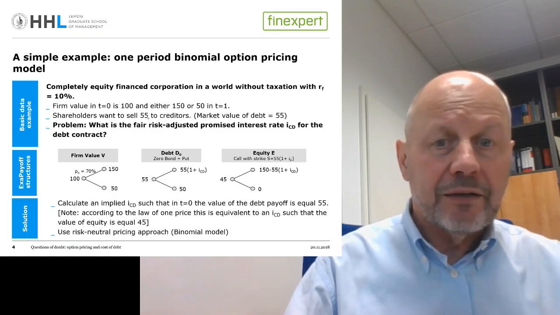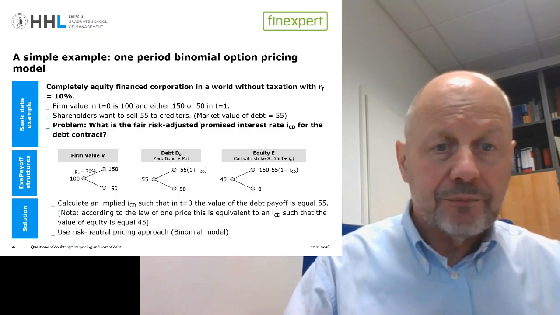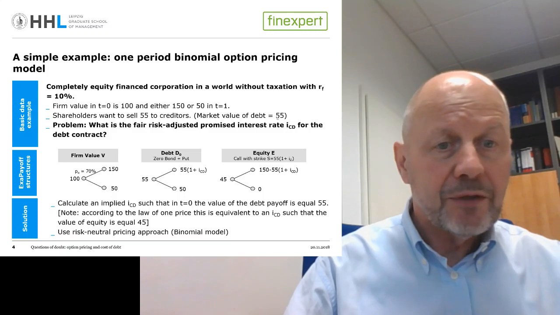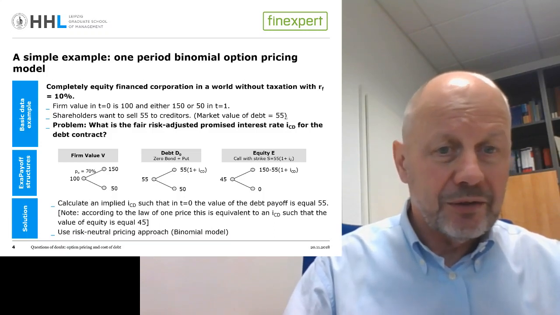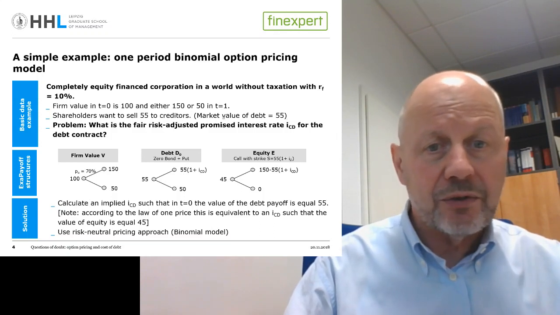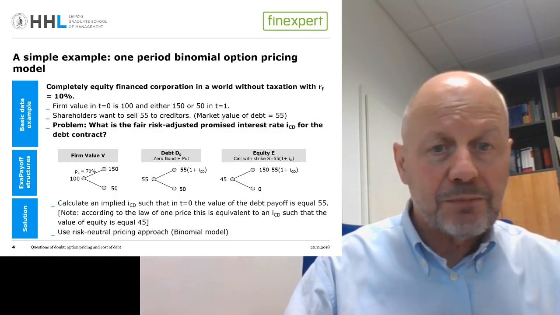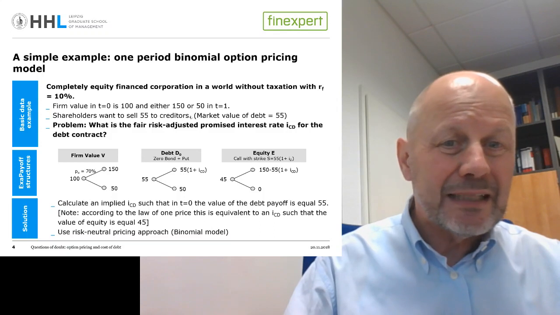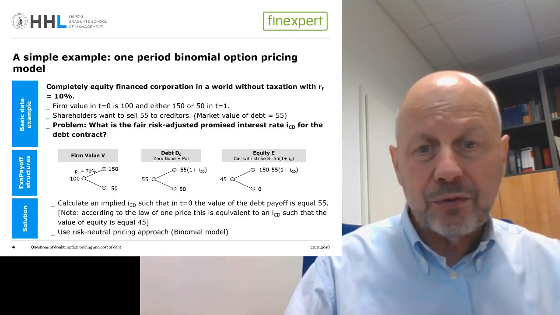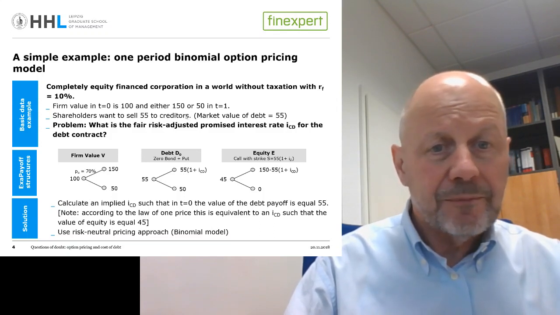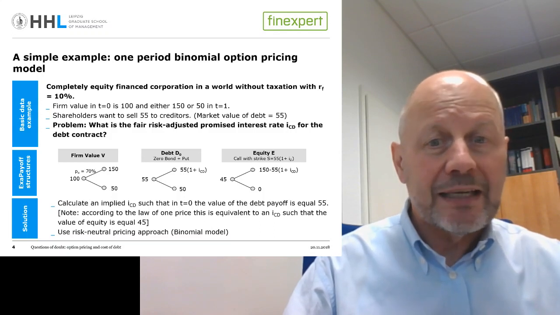That means that they bring 55 to the table, that is their debt, and the market value of the debt should also be 55, that is the market value of the payments that they are entitled to get under limited liability. So the key to understand this pricing idea is that the net present value for the debt holder and the creditors of this deal is equal to 0. So they get what they pay for.